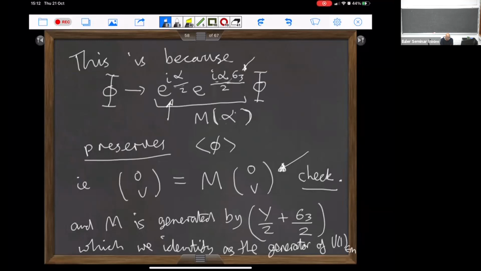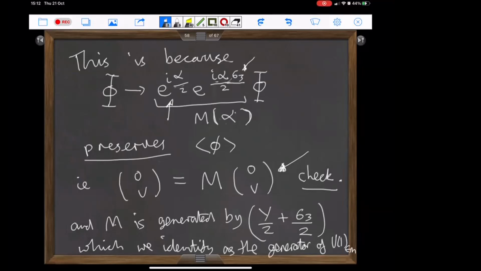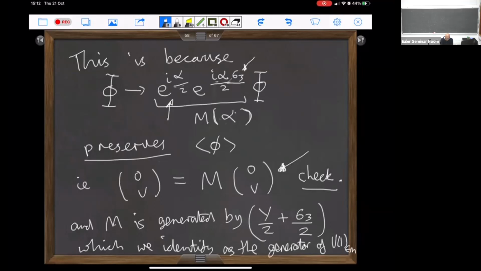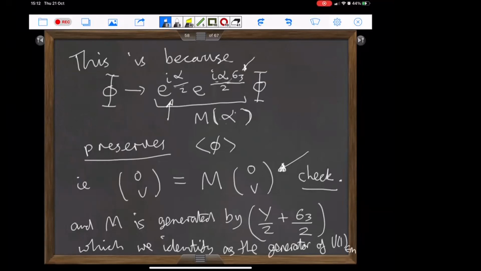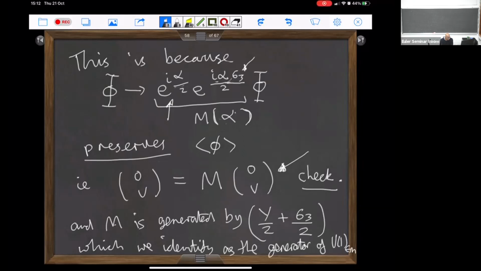That's all you have to do, because the only thing which breaks the gauge symmetry is the expectation value of phi. Yeah, that's right. Any other questions?